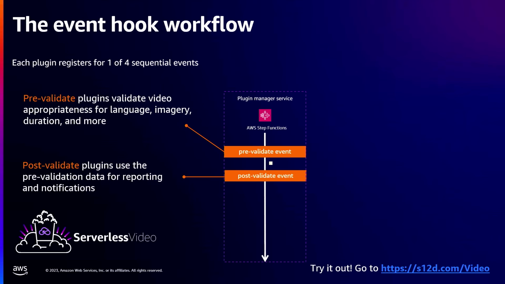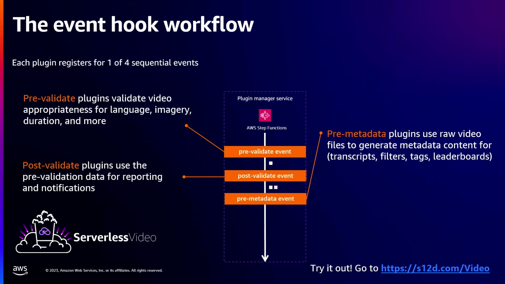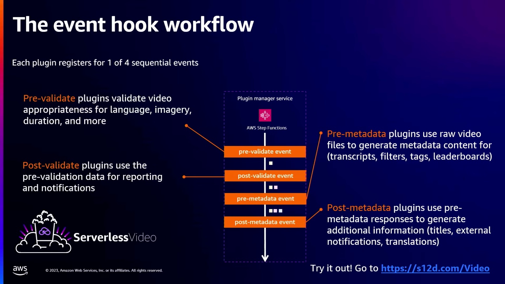All the responses of those plugins were then, when they're done, sent back to the workflow and passed on to the next event, which is the post-validate event. And here we wanted plugins for data reporting and internal notifications. The data from that is collected back and then passed on to the pre-metadata plugins. And here we want things for transcripts, filters, tags, and leaderboards.